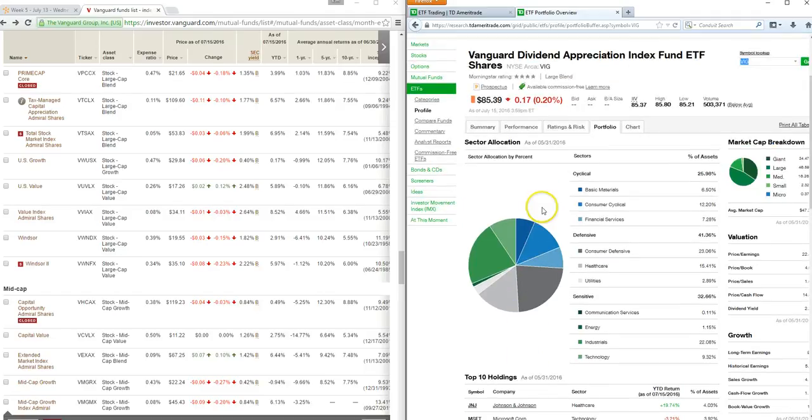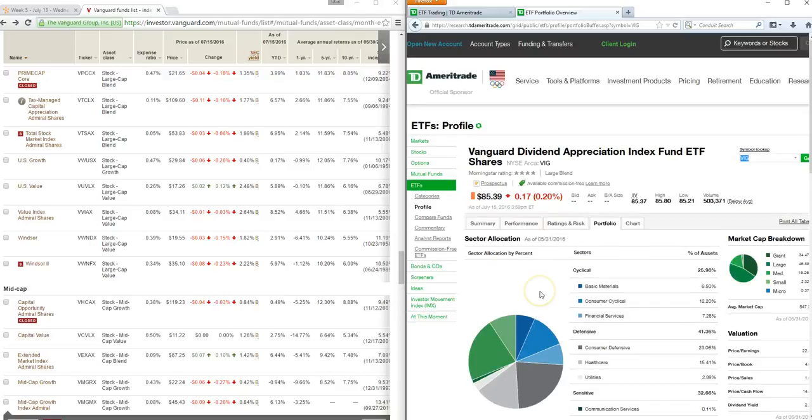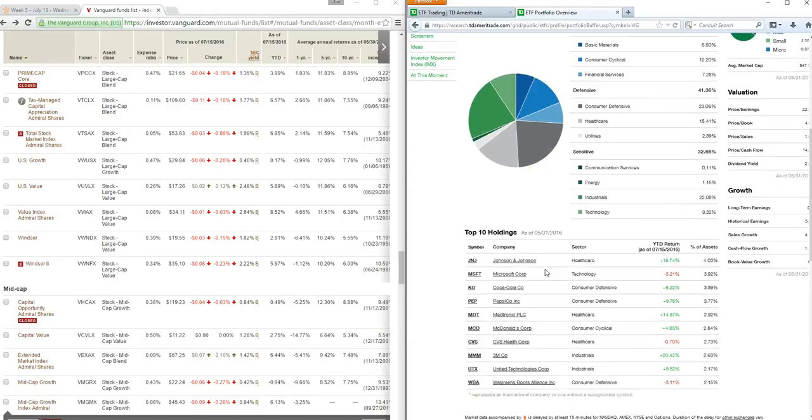There are probably a lot more companies in this fund, but I just want to give you an example of what's included. So again, when you buy a share of this, your $85 would mean partial ownership in all of these companies and more. So you've bought into diversity, and it's really important that you understand that.